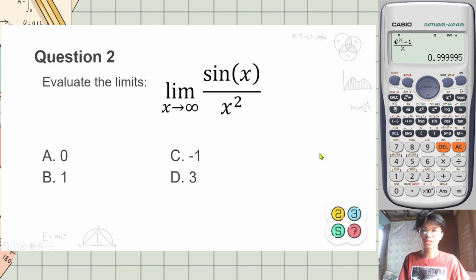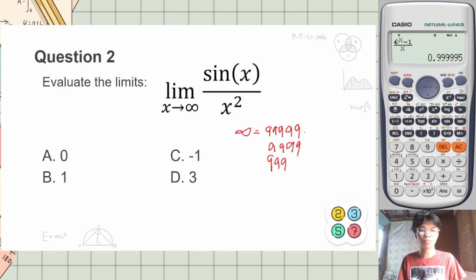For the second question, we are also asked to evaluate the limits. This time, the limit approaches infinity, in which the function is sine x all over x raised to 2. Since the limit is infinity, without a sign, infinity is a big number, so it can be equal to 99999, or 9999, or 999.